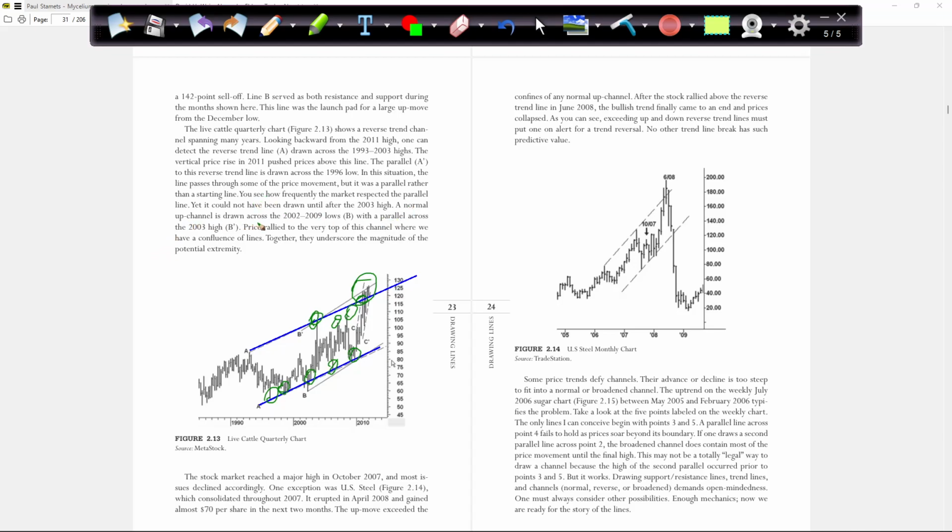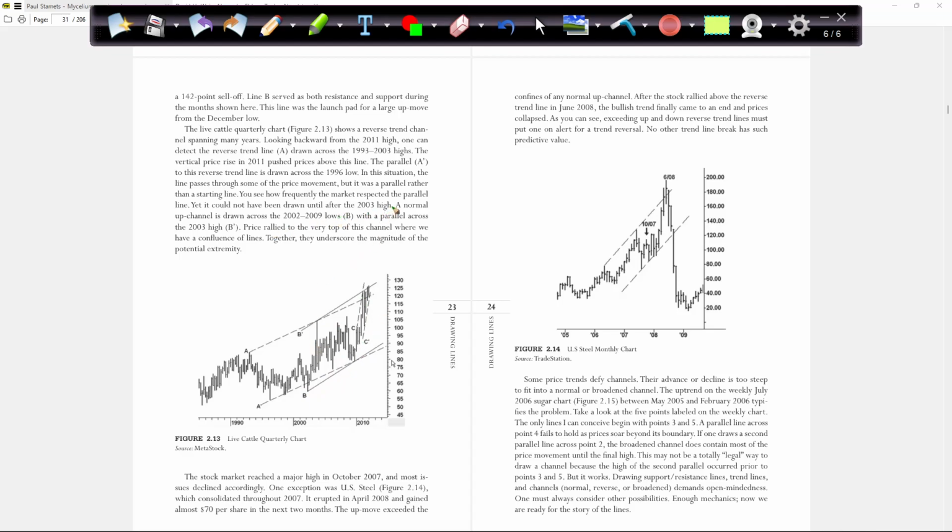A normal up channel is drawn across the 2002 and 2003 lows and the 2009 lows. This one, the 2003 and 2009 up channel.